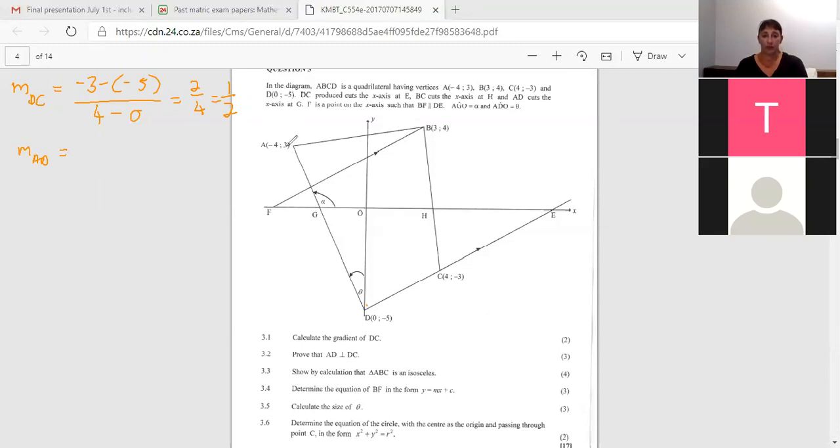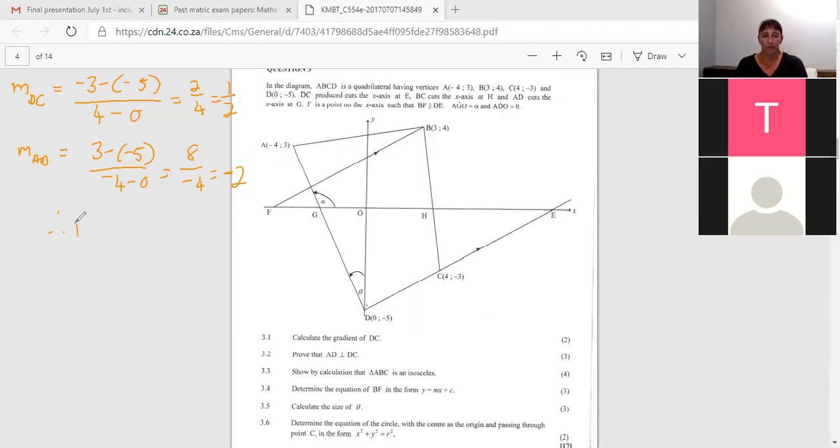So it will be 3 minus 5 over minus 4 minus 0. 3 plus 5 is 8 over minus 4, which is minus 2. And this is opposite to that, right? This is minus, that's plus. This is 2 over 1, that is 1 over 2.